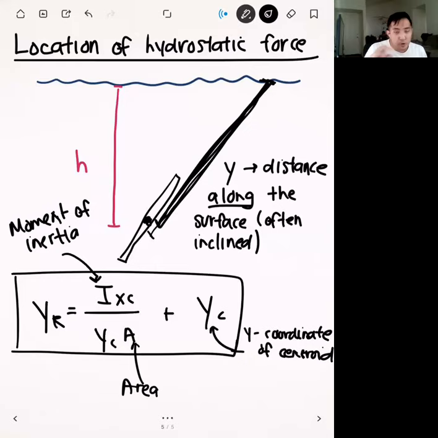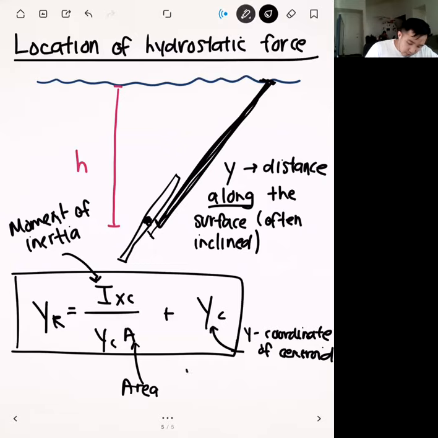For the moment of inertia, you go off the shape of your surface and plug into the appropriate formula. You can look this up in a table, or if it's something common like a rectangle or a circle, you can simply use that. There's one special case, and you've seen this in the homework already: if your surface is vertical, then the Y-axis aligns with the vertical one.